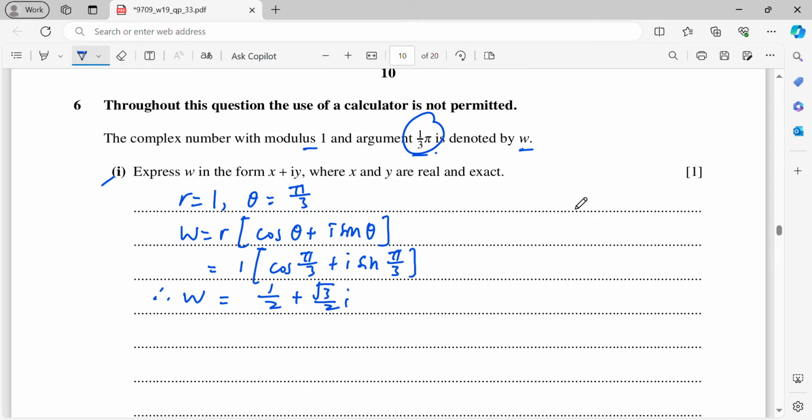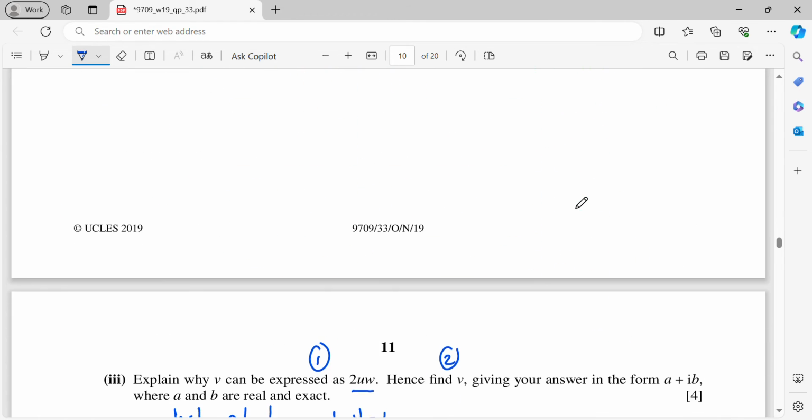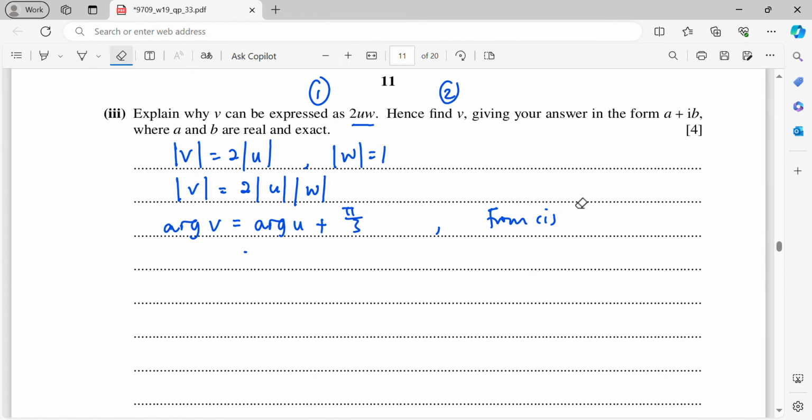Given, no need to write more. The argument of W equals pi over 3. That means here I can change this to basically argument U plus argument W.